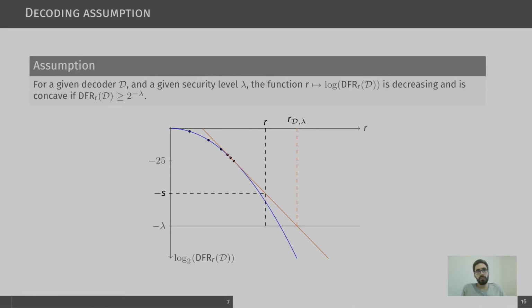The reason for this is that the blue curve can have an inflection point. After this inflection point, the slope will not be as steep as before, so the concave assumption is not true anymore. But this phenomenon is known for LDPC codes, and we have it for MDPC codes as well.